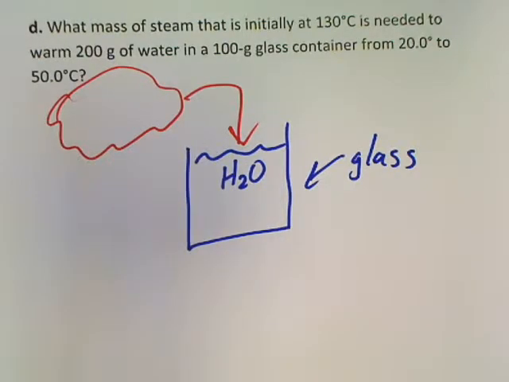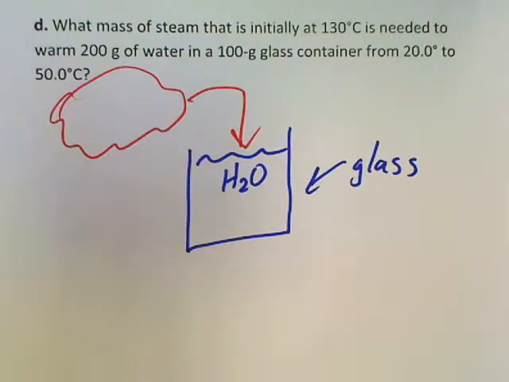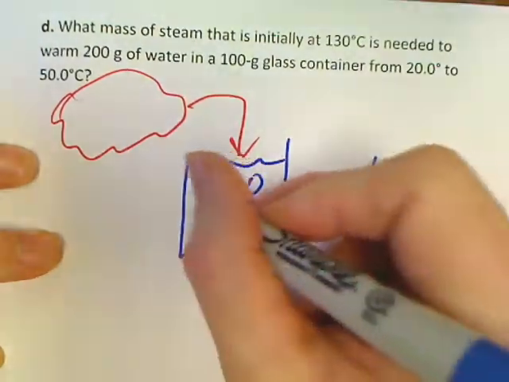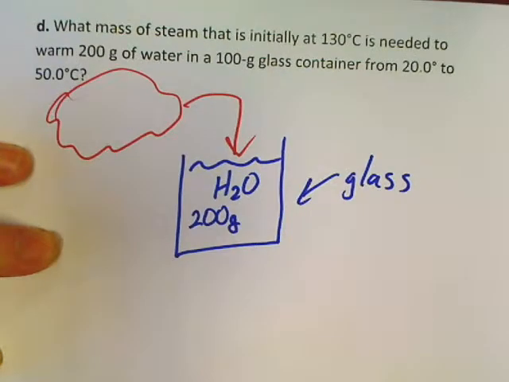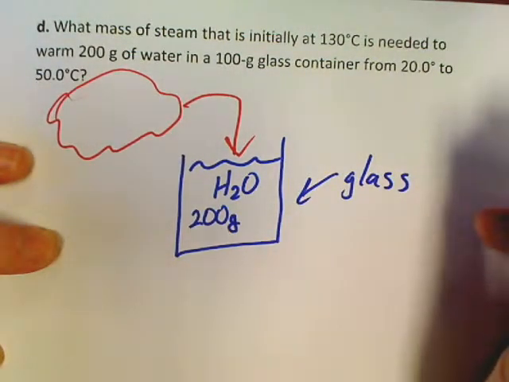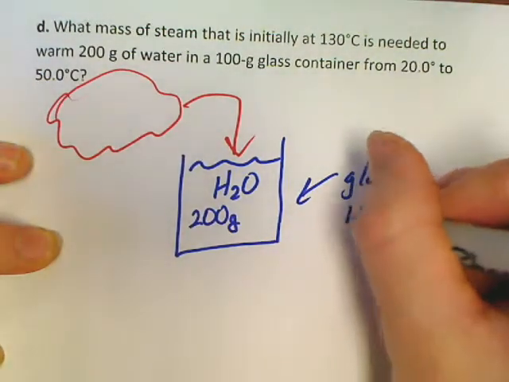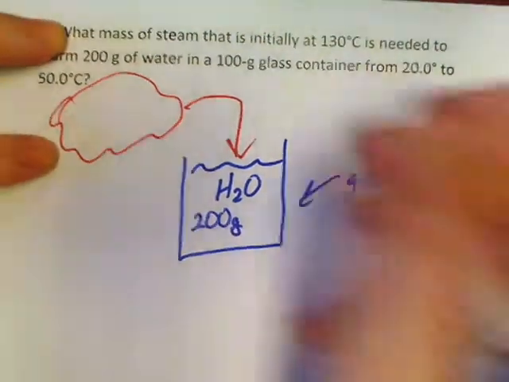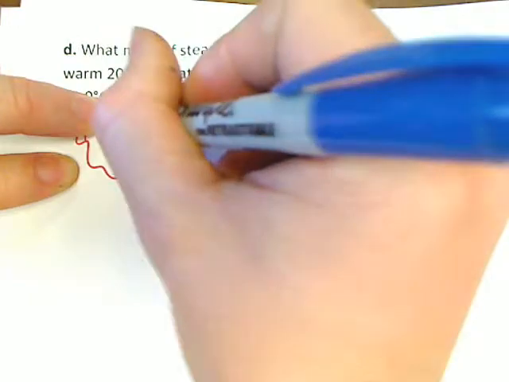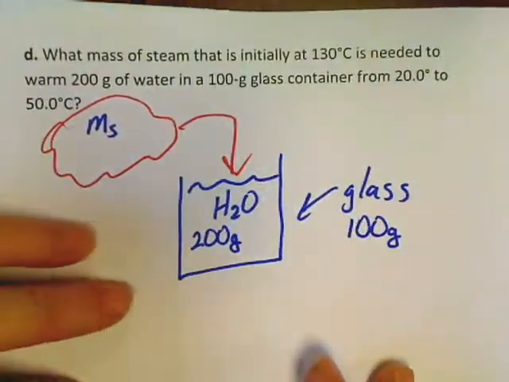Well, let's see what we got. It said that we've got 200 grams of water. And this is, by the way, what I consider to be the good question. 200 grams of water. You've got 100 grams of glass. It does not tell me how much steam I have. It's looking for this steam.